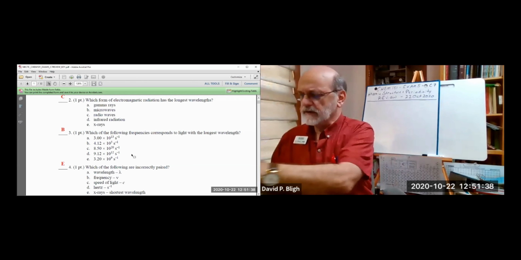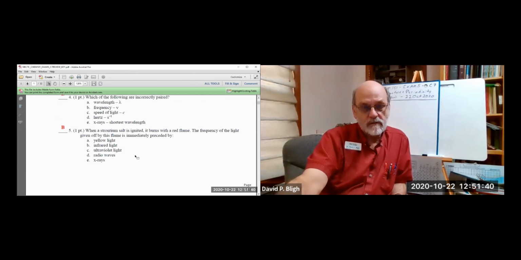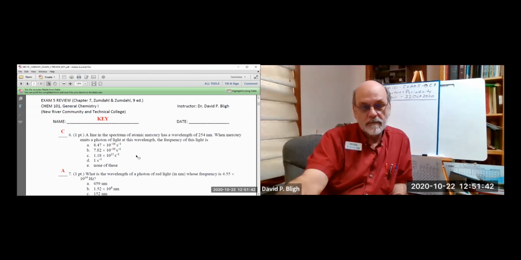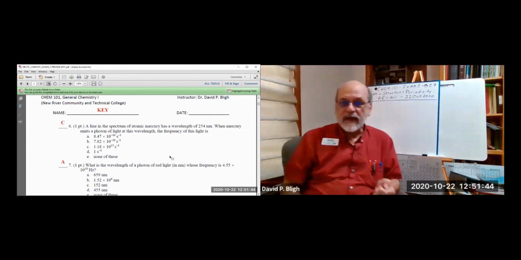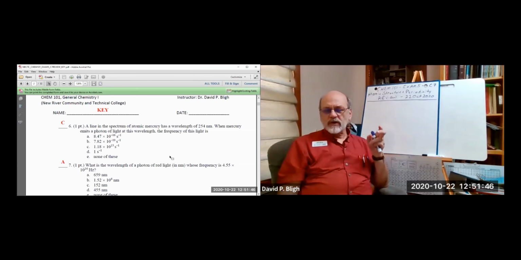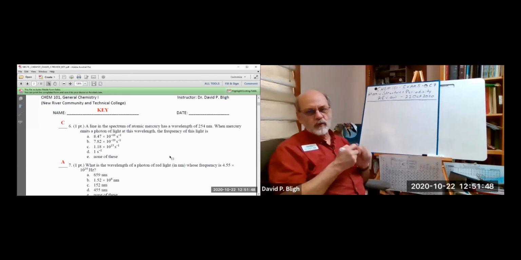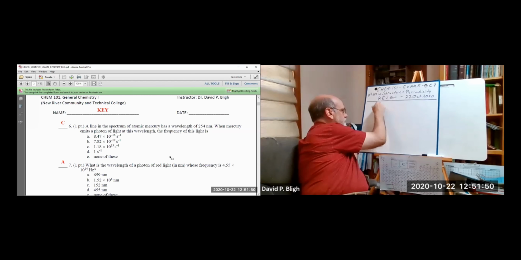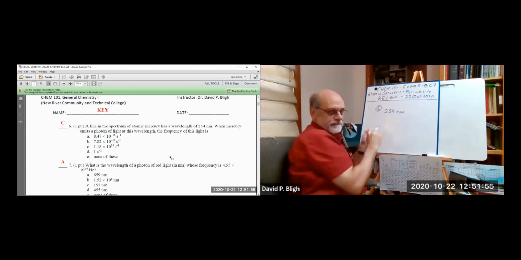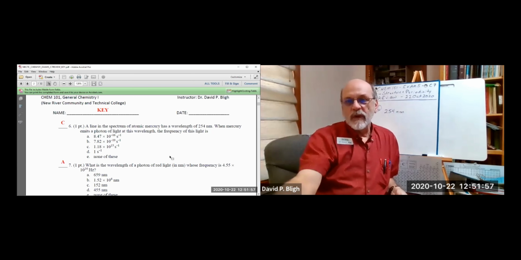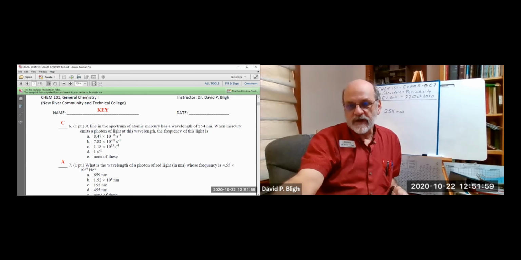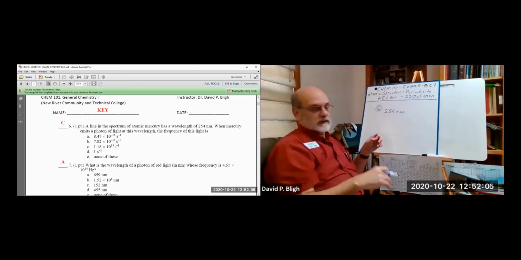Let's go to number 6 now. Okay, a line in the spectrum of mercury has a wavelength of 254 nanometers. When mercury emits a photon of light at this wavelength, the frequency of this light is what?